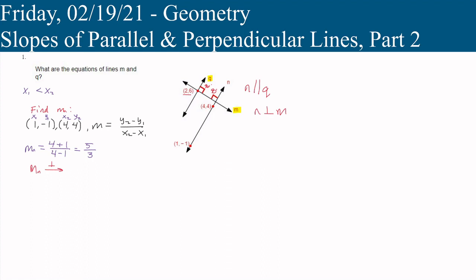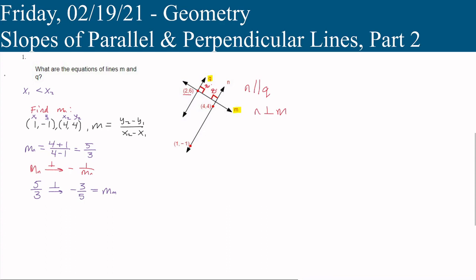And I'm going to flip it, and I'm going to give it an opposite charge. 5 over 3. When I flip it upside down, it becomes 3 over 5. This is positive in the original slope, so I'm going to make it negative. That's it. That there is your slope for line M, which is perpendicular to N.